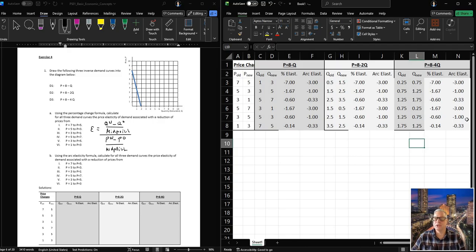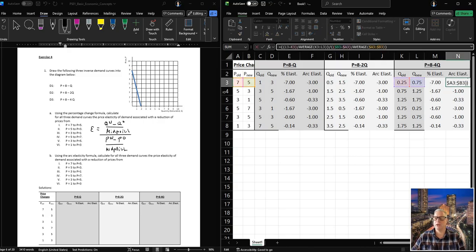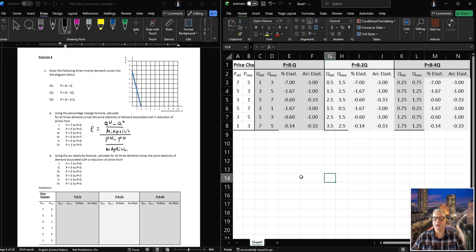But using the arc elasticity formula, we always get the same value. And you can see that the formula works very nicely. As before, I made the mistake that I forgot to put the dollar sign in front of those columns, and then they shifted to the right as I copied the formula to the right.